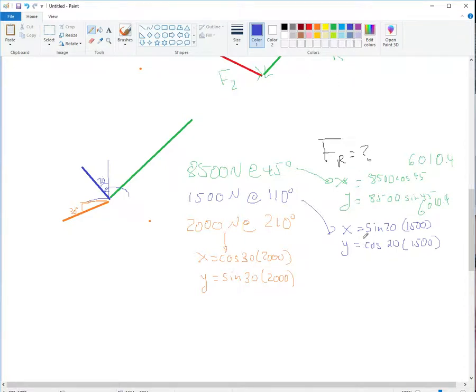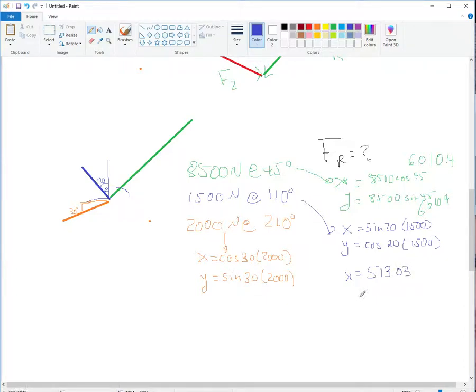Then we go to B. So the x, or the green line, sorry. Sine of 20 times 1500 is going to be 513.03.